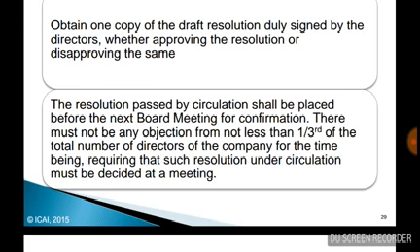These are the three powers which can be delegated to the MD or principal officer or committee of directors.